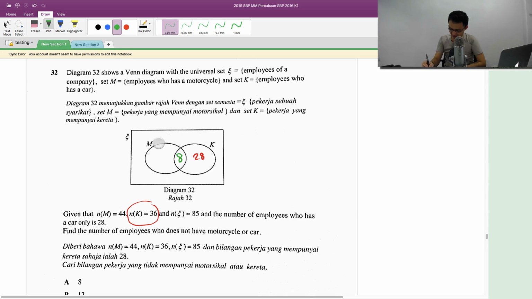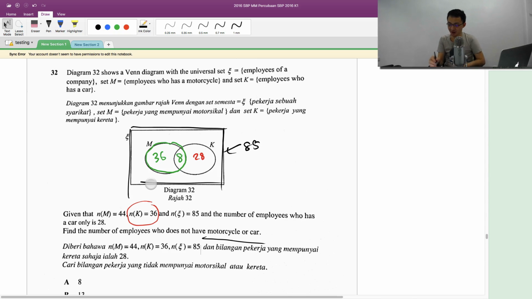So M is 44, means the whole circle here is 44. But this part you have 8 already, so you have to use 44 minus 8 to get this part, which is 36. Alright, so the question says the total is 85. I want to know the number outside, because they do not have a motorcycle or a car. So they want to find the number outside. Just use 85 minus 36 minus 8 minus 28.